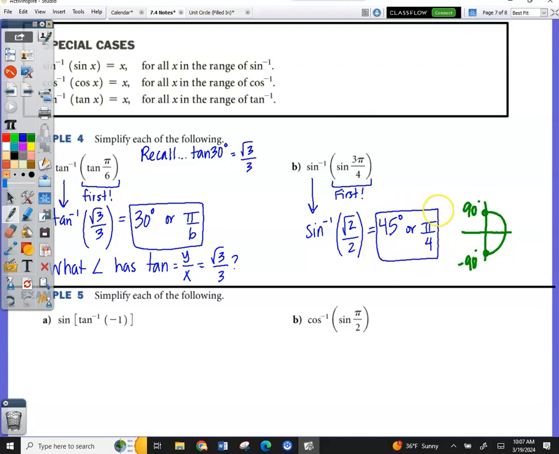Well, what? I thought it was undefined. Wait a second. That was because the decimal was 1.8, which is out of our domain restriction. Why would it be undefined?